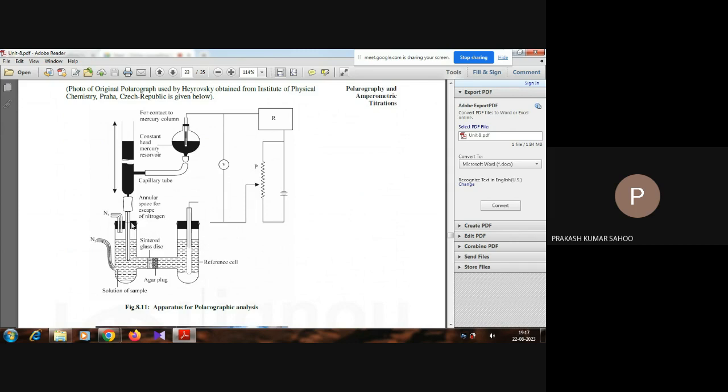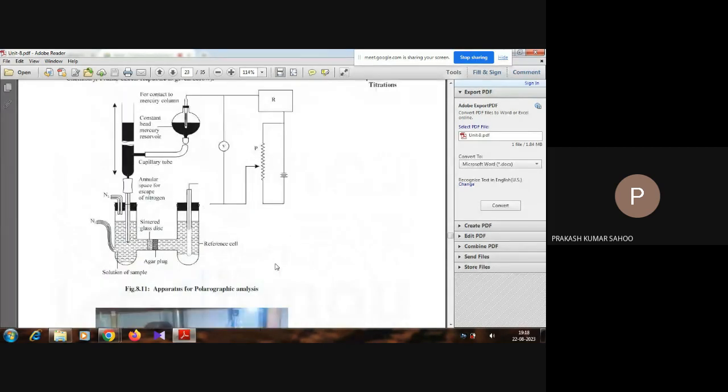There is an outlet for escape of nitrogen, and nitrogen is for maintaining the inert atmosphere. Then the upper layer containing potassium nitrate, and this is the sample. The reference electrode, that is SCE, and these are the circuit diagrams.